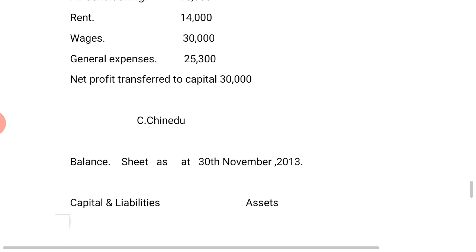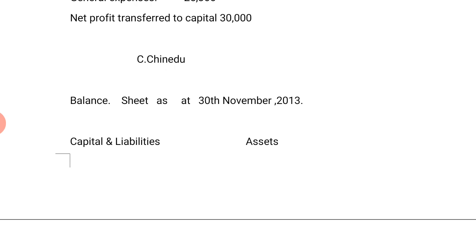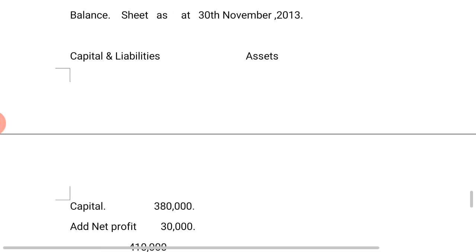Now, we want to prepare the balance sheet. You write the name of the company, C. Chinedu, balance sheet as at 30th November 2013. So we put it in a T shape as well. So we have capital and liability at the debit side, then we also have assets at the credit side.